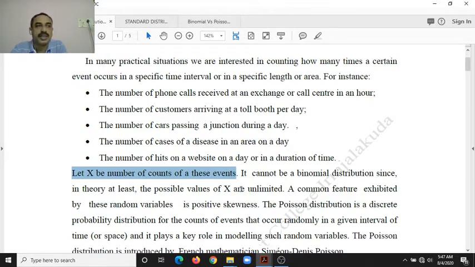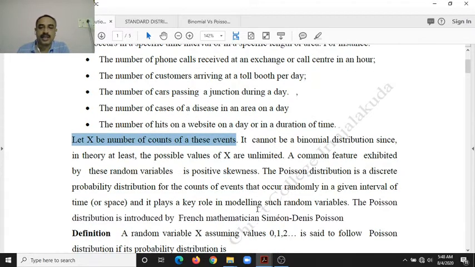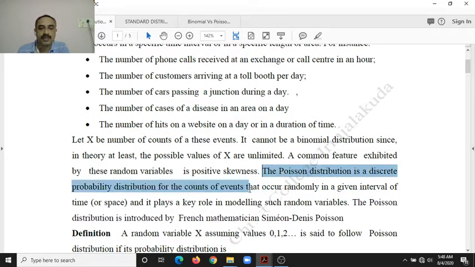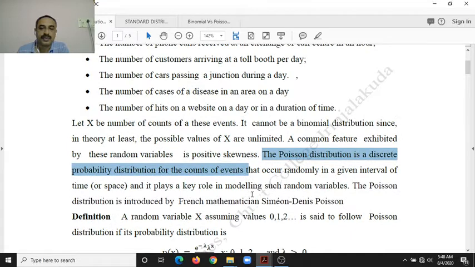If you consider the number of vehicles waiting in a traffic jam, there may be some 5 or 6, etc. But theoretically speaking, the number of values of the variable cannot be stipulated at some 5 or 6, etc. Now, the Poisson distribution is a discrete probability distribution, and it can be used to address the probability behavior of these variables representing the number of occurrences of an event in a duration of time, region, or space, etc. Now, this is introduced by the French mathematician Simeon Denis Poisson.